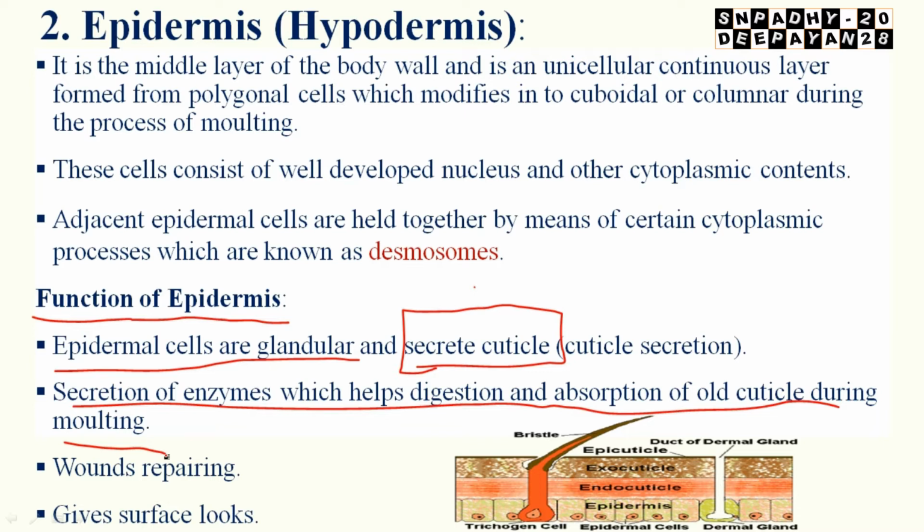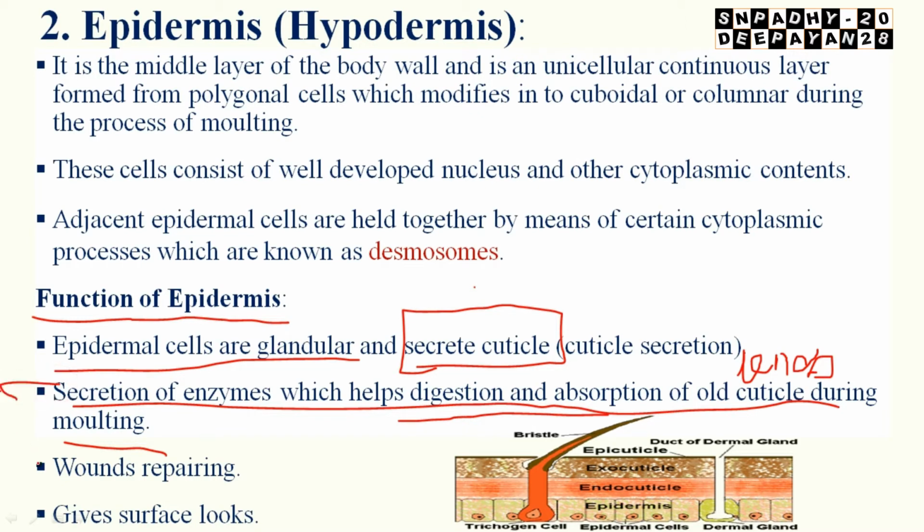Shedding of the old cuticle will be there, and this shedding is done by digestion and absorption of the old cuticle. Basically, here you should write down endocuticle. Why, I will tell you in the molting process. That means secretion of enzymes which are helpful for molting, you can also write down.